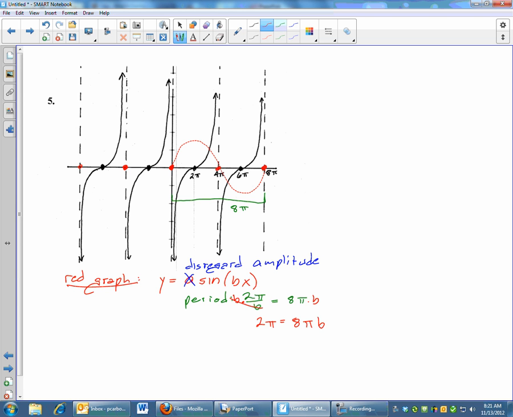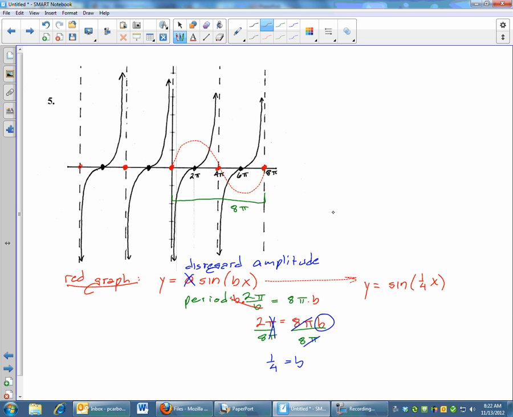And then we will divide by 8 pi to solve for b. The pi's cancel, 2 over 8 is 1 over 4. Over here, the 8 pi's cancel, leaving me with b. So 1/4 equals b, which means my red graph is going to be y equals the sine of 1/4 x.